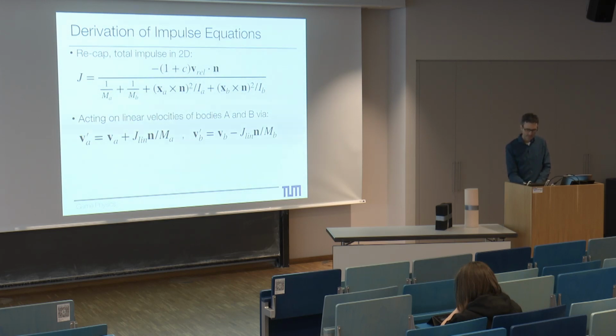So we have these impulses. The top is the whole one, the bottom the linear one to get started. Here we have the J, only the linear one for now, and it basically works a bit like a force, if you want. So we had J being a scalar along the normal, so we have a direction.